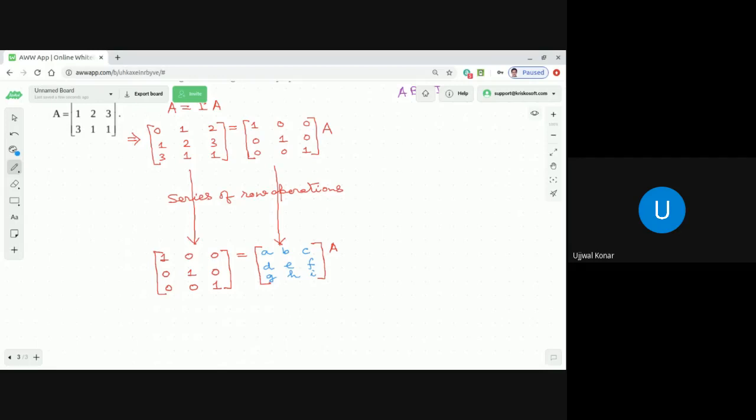So dear students, before performing these operations, your target should be to perform those row operations which will transform the matrix A in the left-hand side to an identity matrix. As I say, begin with the end in mind.